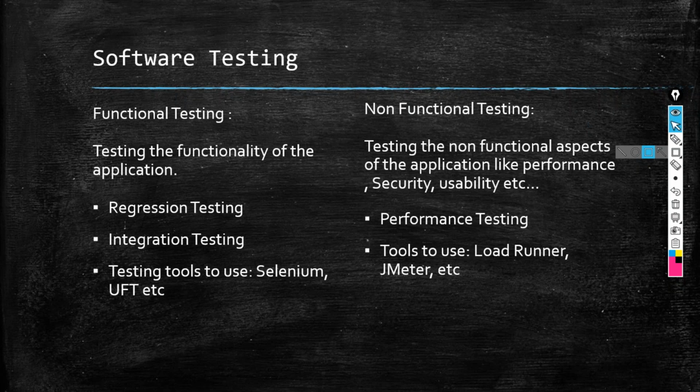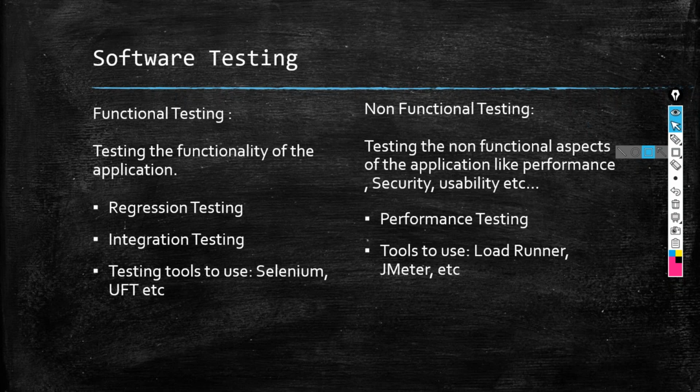The different types of testing in that space are regression testing and integration testing, and the tools we use for automation are Selenium and UFT. When it comes to non-functional testing, we test the non-functional aspects of the application like performance, security, and usability.